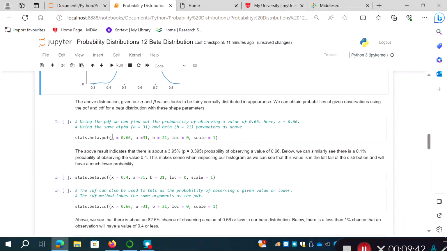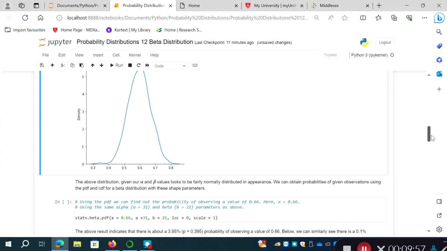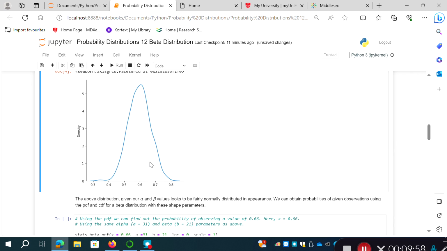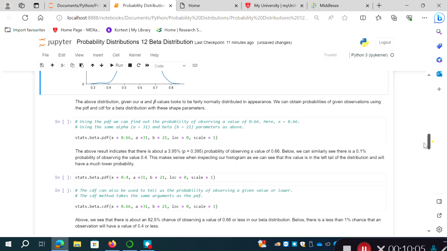Say I've just specified one value, x equals 0.66. So we're asking what's the probability of getting an input value of 0.66, which is probably about here somewhere on our plot, a value up here maybe, about 4-ish by the looks of that, with our two shape parameters, alpha 31, beta 21.